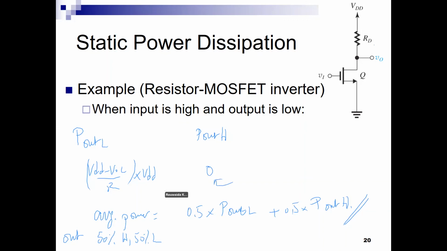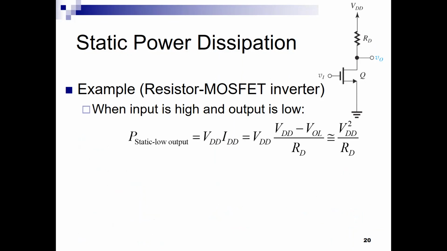Okay, so the most important thing is to know when current flows and when it does not, to know when there is power, and how much time we are spending when the output is low versus when the output is high. Not the input, because when the output is low I will have power, and when the output is high I will not. Just know when there is current. Okay, here we said 50-50, so the average power will be 0.5 times P output low plus 0.5 times P output high, which is 0.